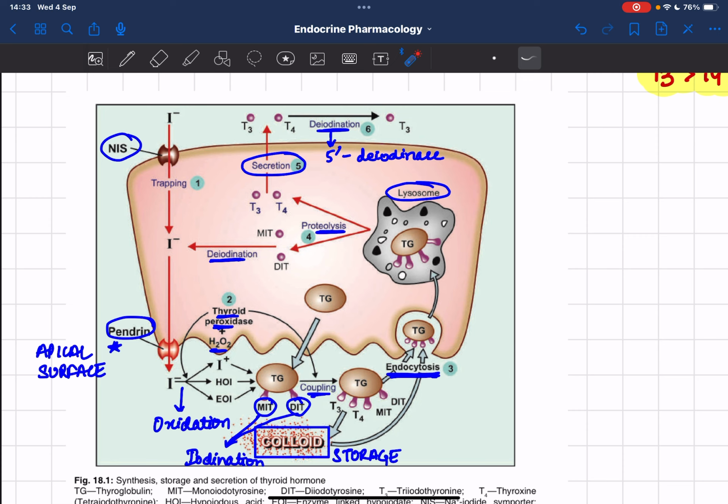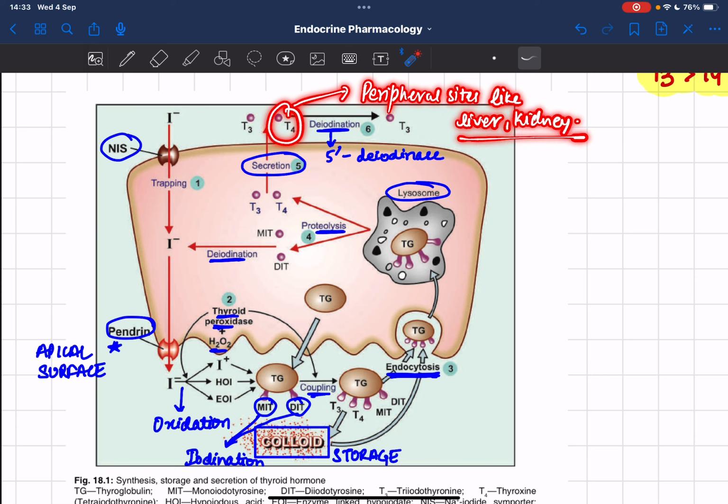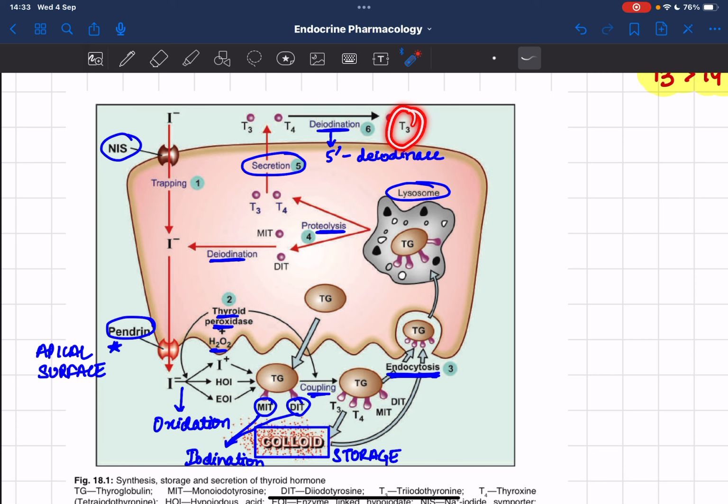Once secreted, I have told you that out of T3 and T4, the activity and potency of T3 is much more. The main active form that acts in the body is T3. So T4, when it goes to peripheral sites like liver, kidney and salivary glands, etc., is converted to T3 via a deiodinase, the 5 prime deiodinase, as I have already told you.